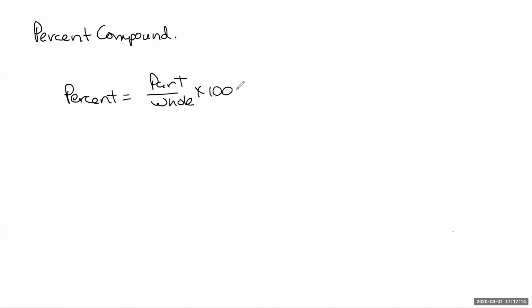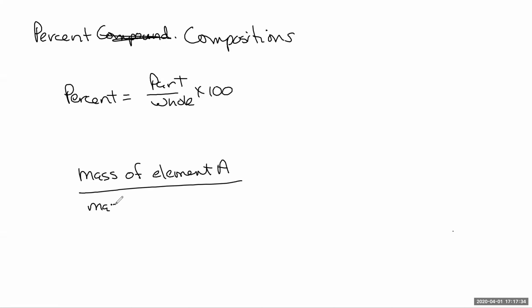So in percent compositions, sometimes called mass percents, you put the mass of a particular element, I'm just going to call it element A, and divide it by the mass of the compound, multiplied by 100.